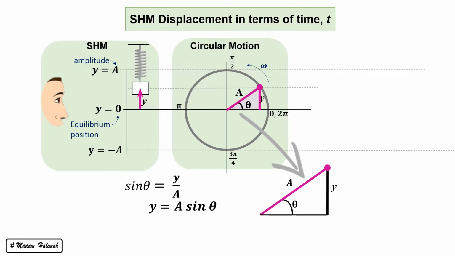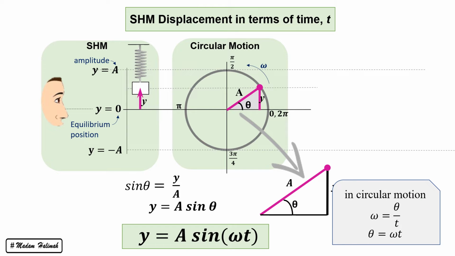Dan apabila simple harmonic motion ini, kita nak tulis dalam bentuk masa, bergerak mengikut masa, kita akan dapat y is equal to A sin omega t. Di manakah kita memperolehi omega t ini? Omega t ini adalah daripada persamaan circular motion, di mana omega is equal to the rate of theta, the rate of angular displacement, so that angular displacement is equal to omega t.